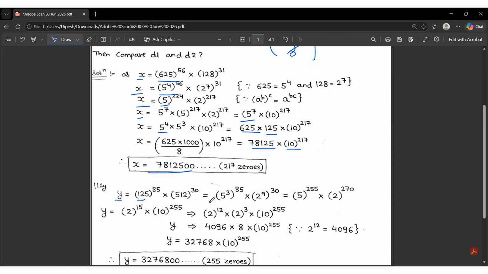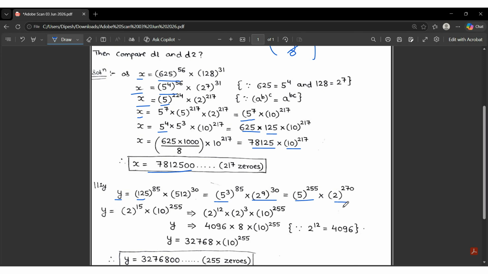Again, 255 powers of 5 can be combined with 255 powers of 2 to form 255 powers of 10, and the remaining powers are written here. So the result is y equal to 2 raised to power 15 multiplied by 10 raised to power 255.